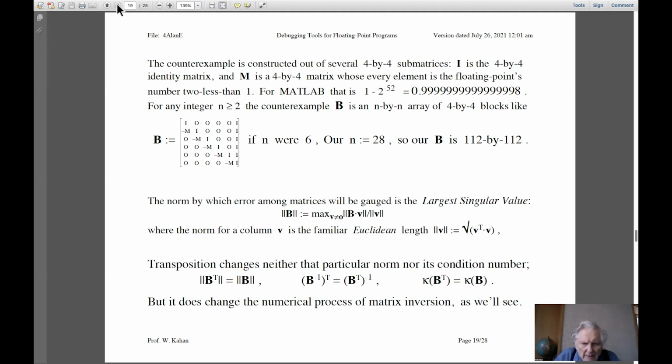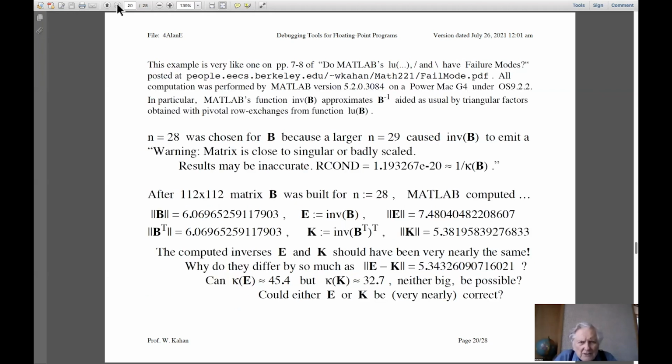Now that norm is convenient because, as you see near the bottom, if you transpose a matrix, you don't change its norm. If you transpose a matrix, you transpose its inverse. And the condition number of a transpose is the same as the original. So it's a convenient norm. So let's see what happens now.